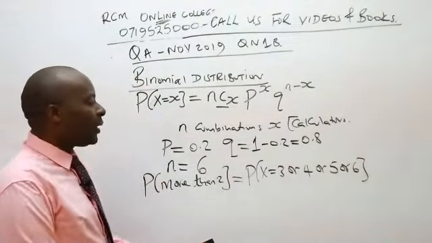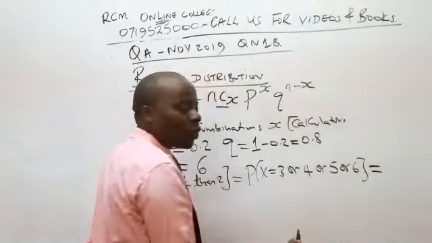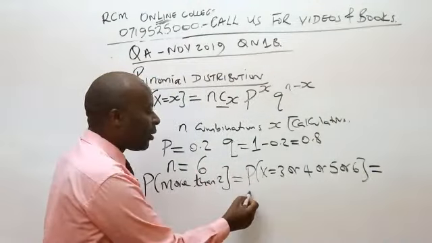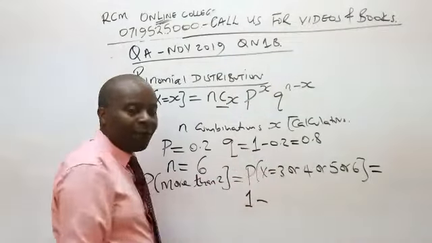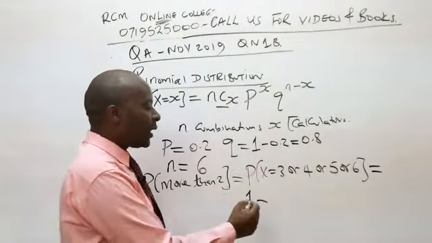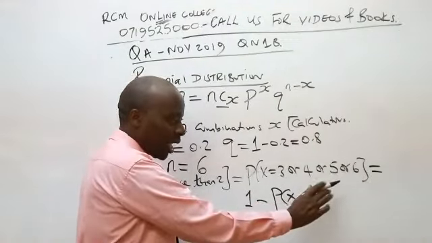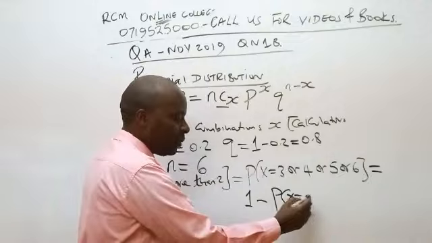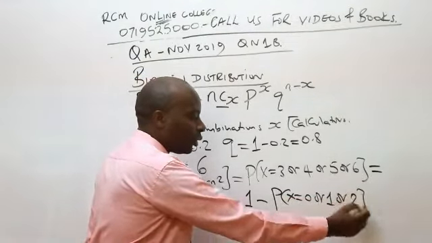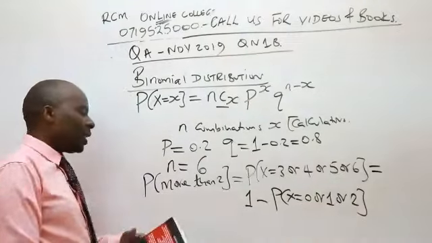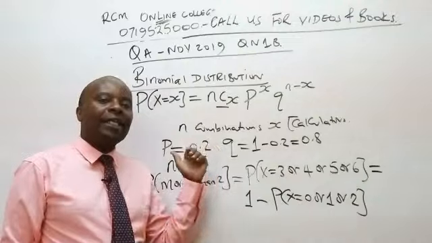Meaning that this particular one here can also be obtained by taking 1 minus the other events which are not here. It's probability of X being equal to 0, or 1, or 2. Allow me to repeat, probability of more than 2 means that we start from exactly 3.